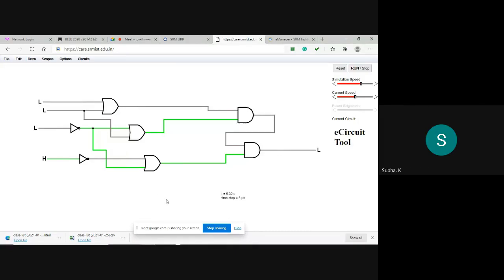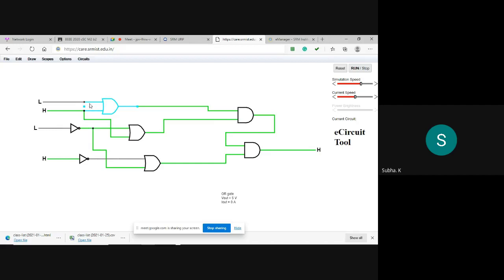Okay. Tell me the next combination. A is low, B is low, then C is high, and D is also high. So what is the output that I have to get there? High. Yes, ma'am.